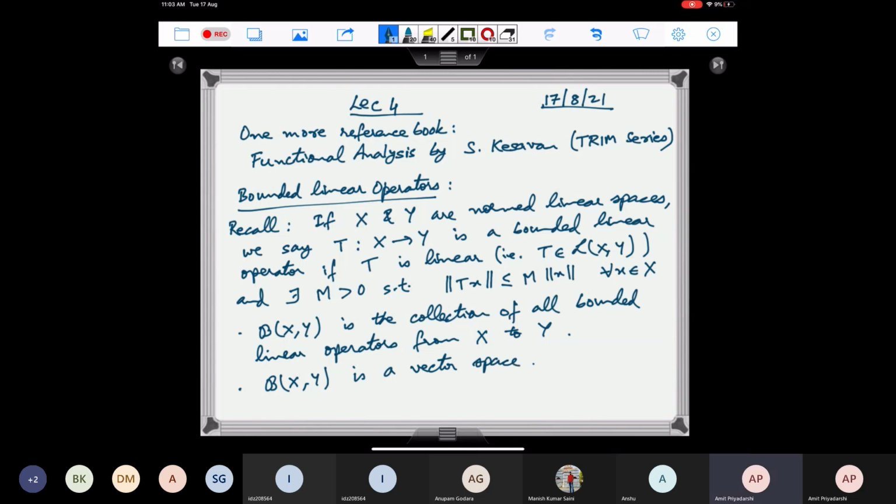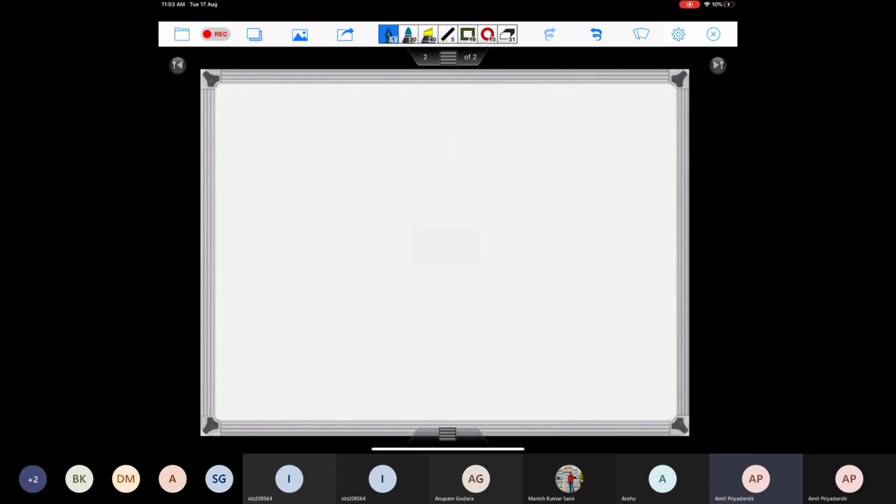Now the first thing we'll see is some equivalent conditions for T being a bounded linear operator. Here is this theorem.